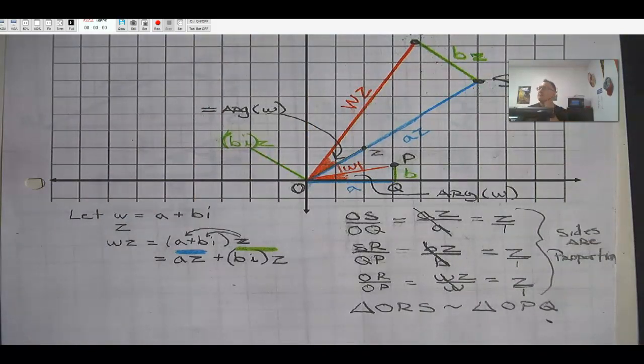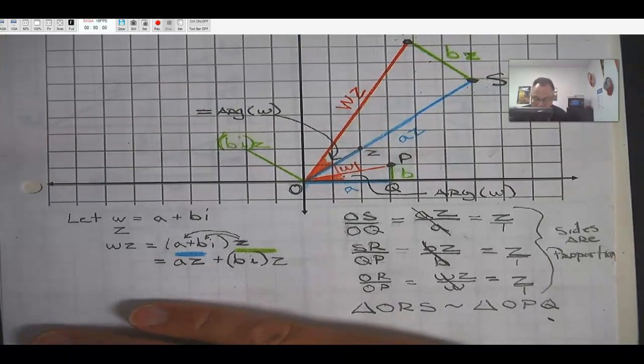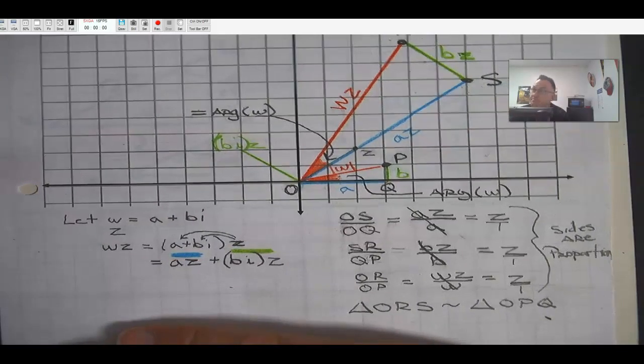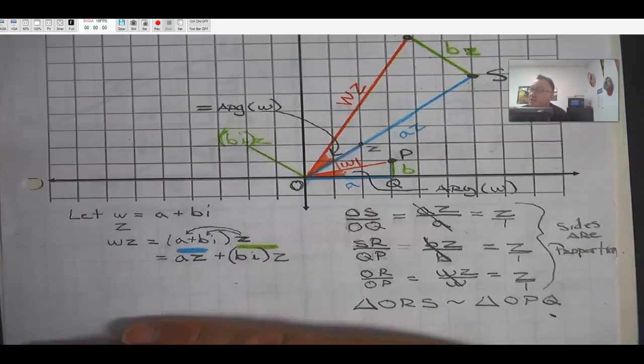All right. Now, where's the argument for Z? What angle is the argument of Z?